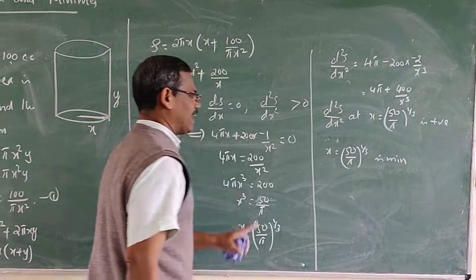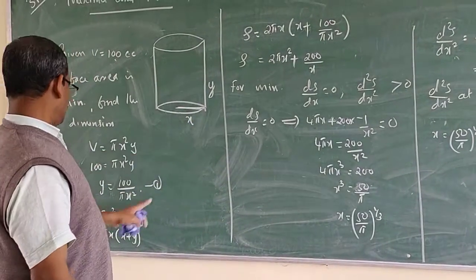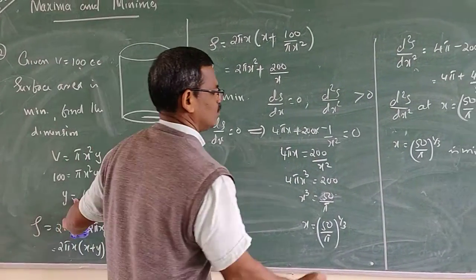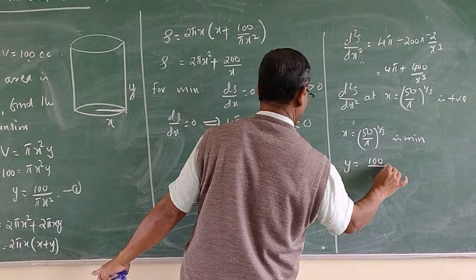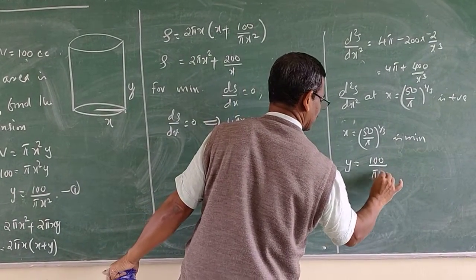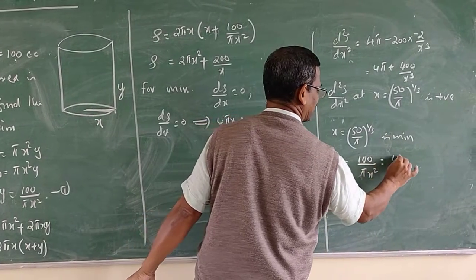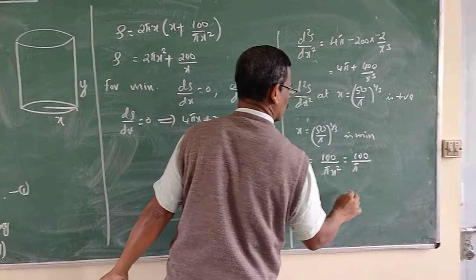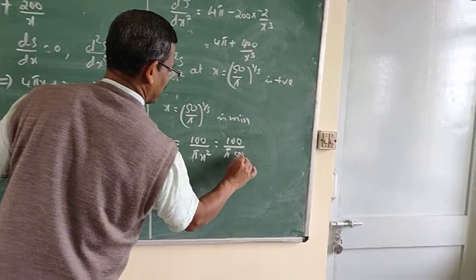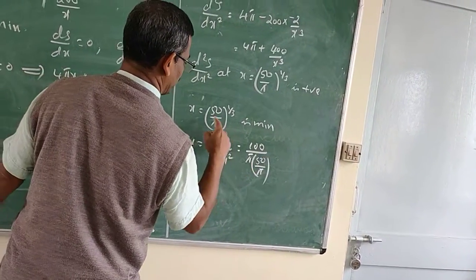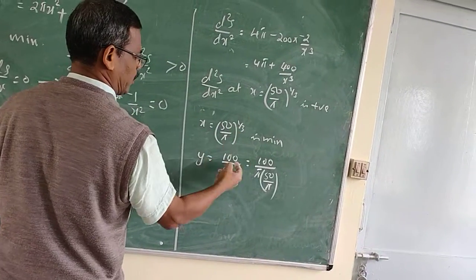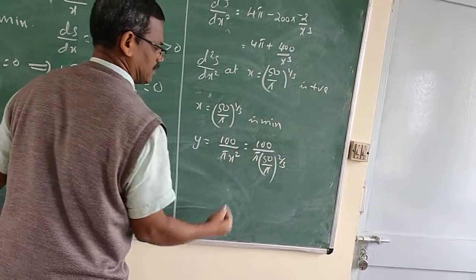So now you got the value of x, and what is y? Y is equal to 100 divided by pi x square. That is 100 divided by pi into x, 50 by pi raised to 1 by 3, its square, so 2 by 3.